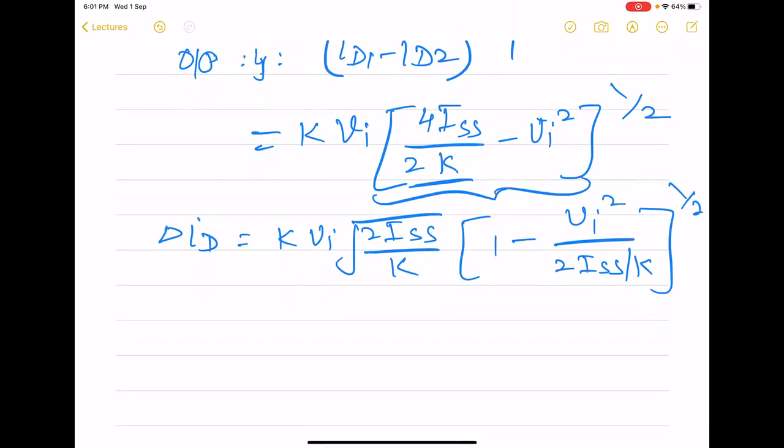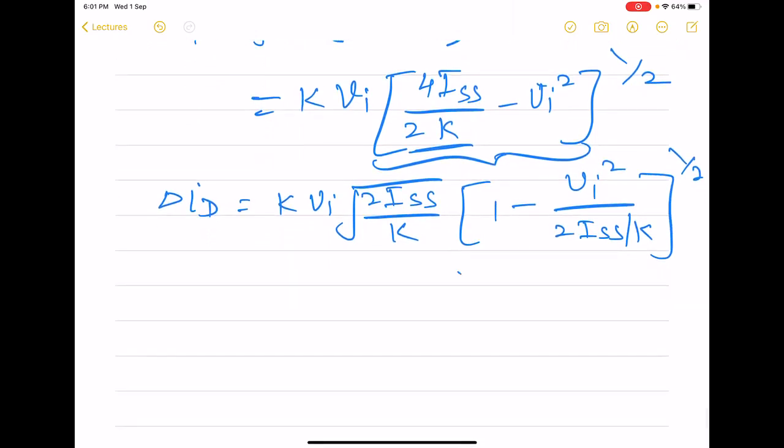When we expand this, there will be, of course, infinitely many terms.